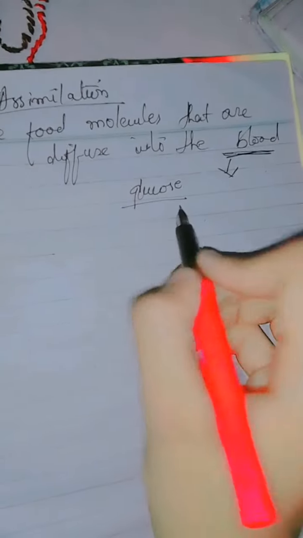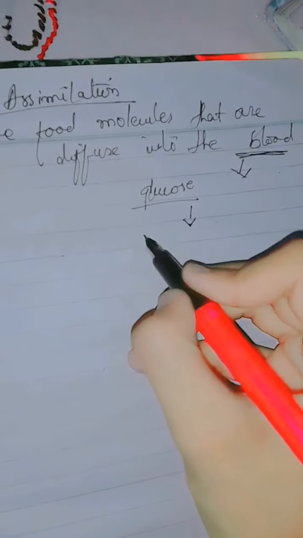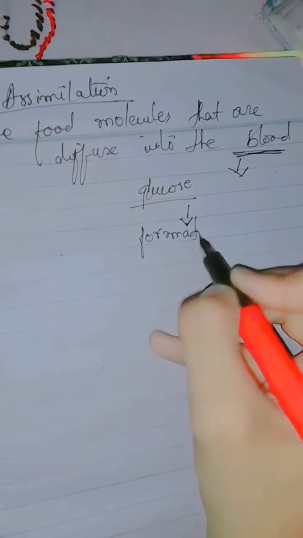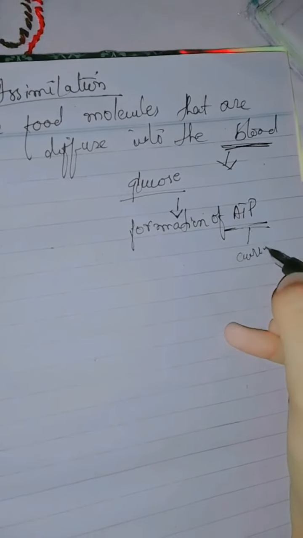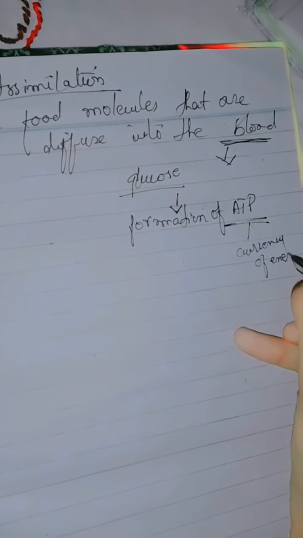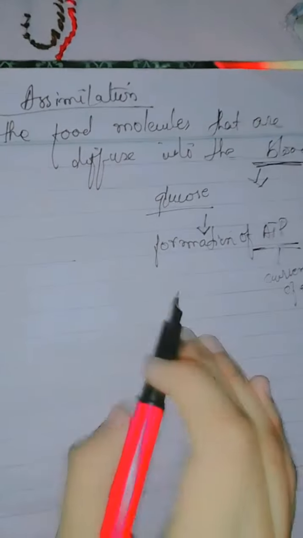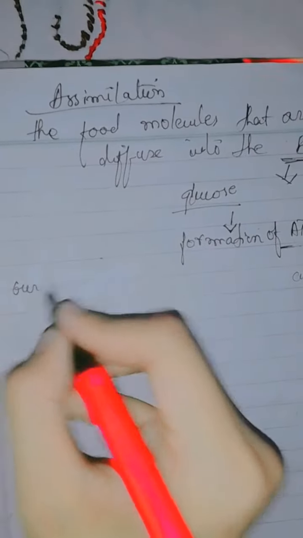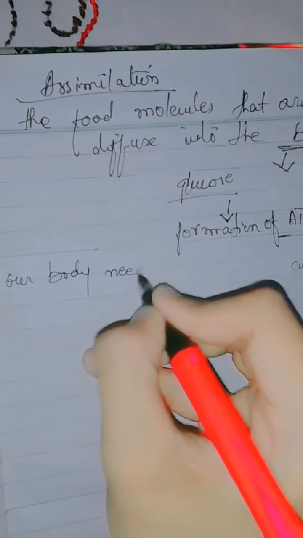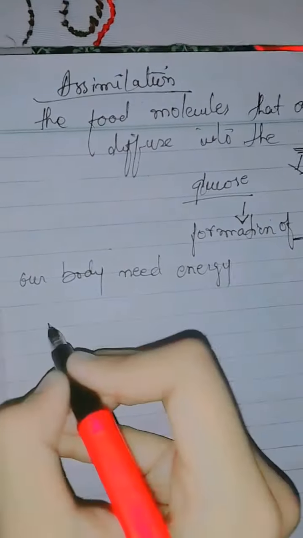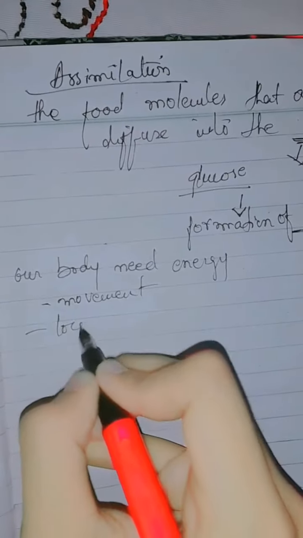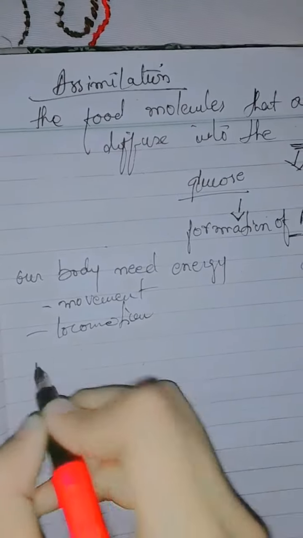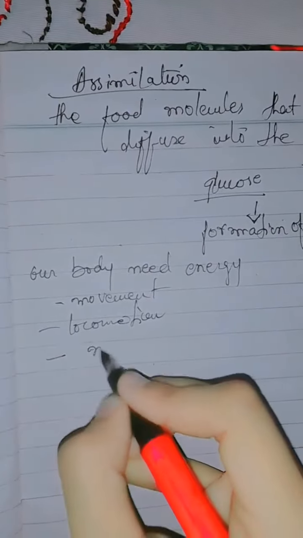Now it is utilized in the formation of ATP. ATP is basically adenosine triphosphate, that is the currency of energy. Our body needs energy, like for movement, for locomotion, and for performing different metabolic activities.